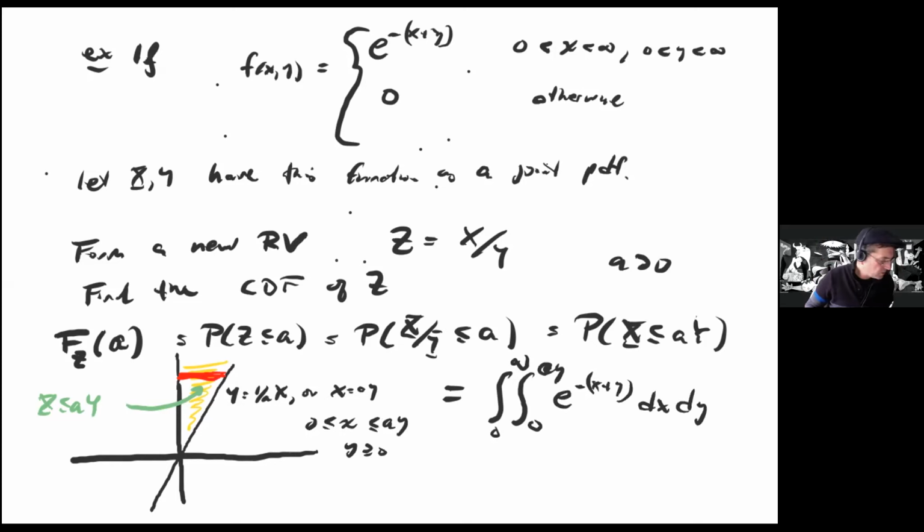Now we have to compute this. The way to compute this is to rewrite it in the following way. This is just the standard Fubini theorem.